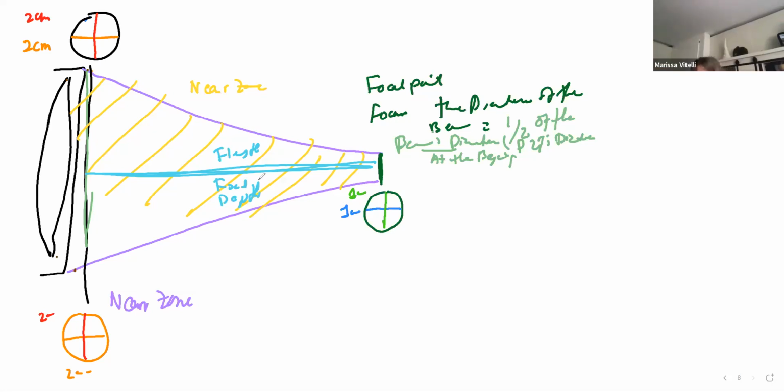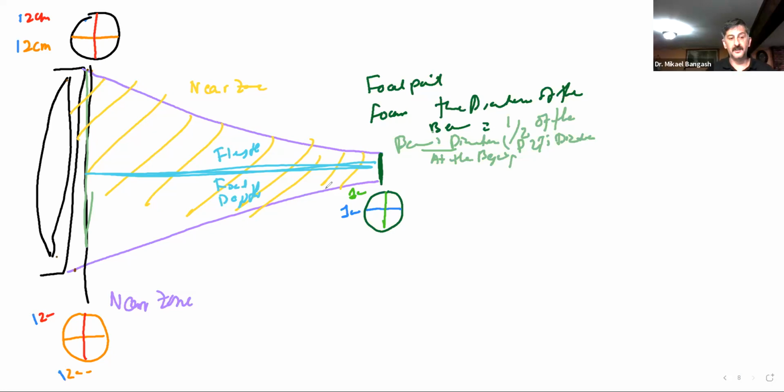Okay. So some of you will ask, why do we say that? If the PZT, for instance, was 12 centimeters tall and 12 centimeters wide, then at the beginning the beam would have been 12 centimeters tall and 12 centimeters wide.